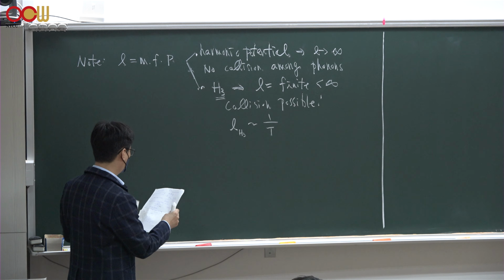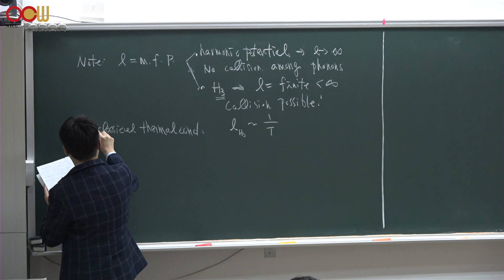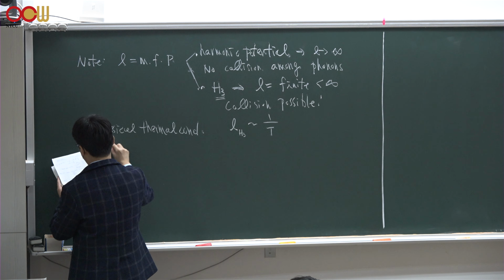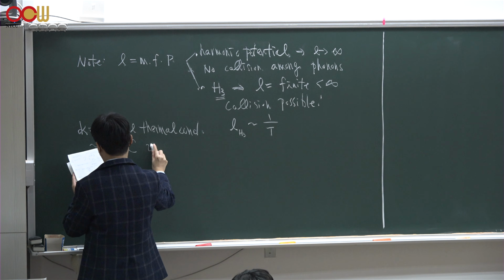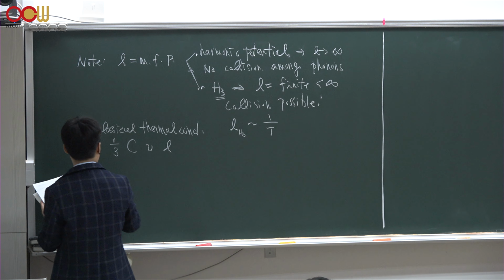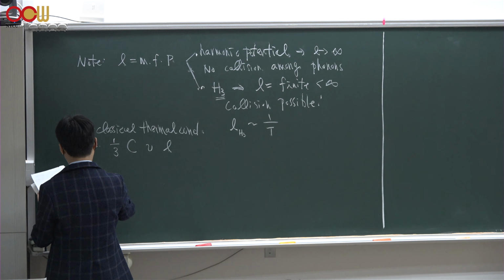So let's discuss the different temperature limits of this kappa. Remember, kappa is proportional to one third of C, capital C, times V times L. So let's first look at the low temperature limit.